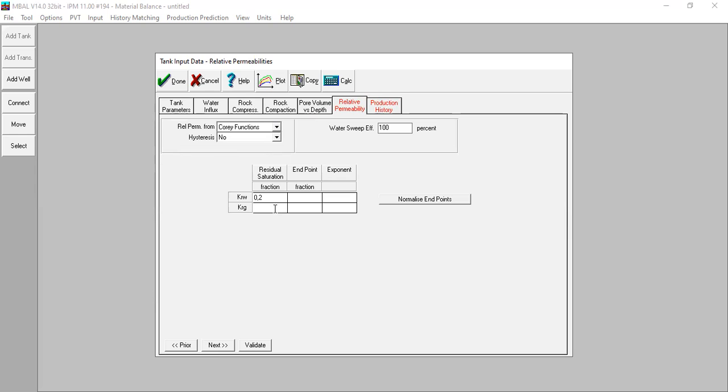Whereas for gas, it is 0. And the endpoint or the maximum water relative permeability, 0.6, whereas for gas, it is 0.8. And the exponent is 1, so it will be linear. And if you want to check, you just plot.